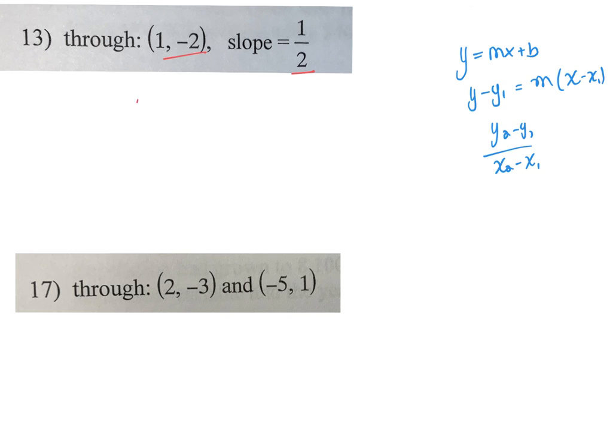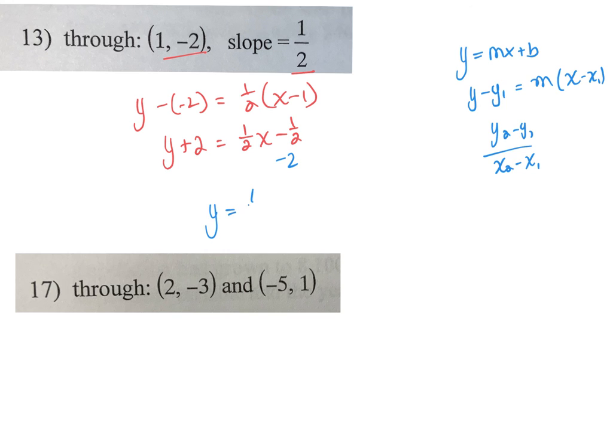So we're going to plug in point slope. y minus y1 equals m(x minus x1). And then you may have to get common denominator here. That's fine. Because when you subtract your 2 over, it's going to be 4 halves. So we do end up with y equals 1/2 x minus 5 halves.